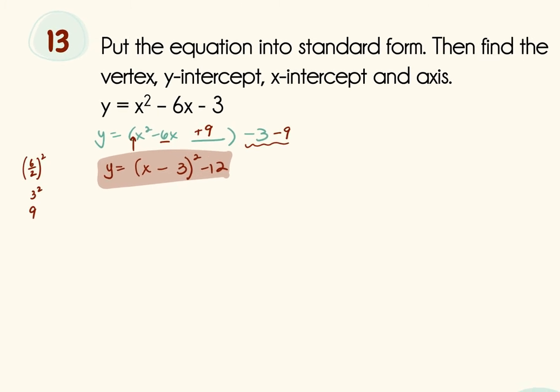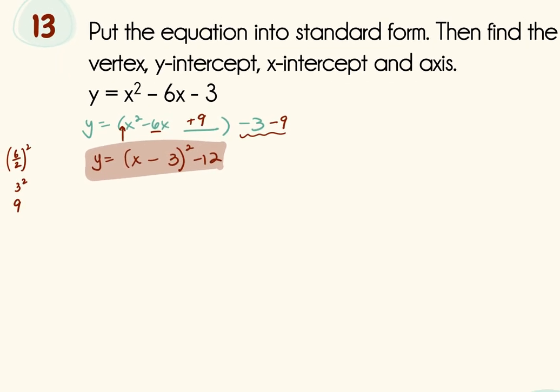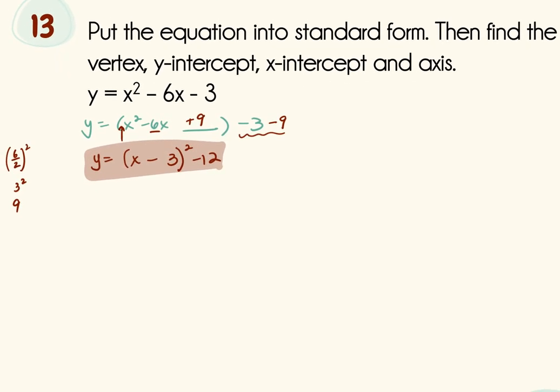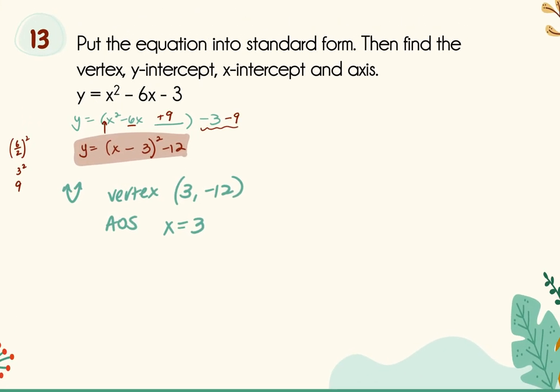Yeah. Okay, so now what do you know about this parabola? It's facing up. What's my vertex? 3, negative 12. What's my axis of symmetry? X equals 3. To get my y-intercept, I'm going to get the x-intercept first because that's easier.